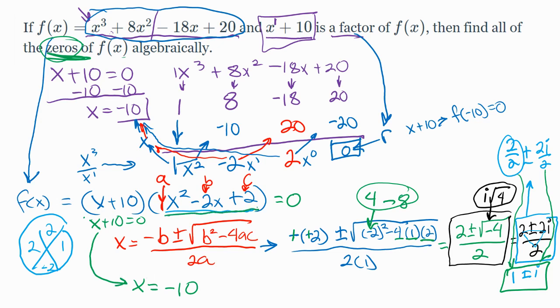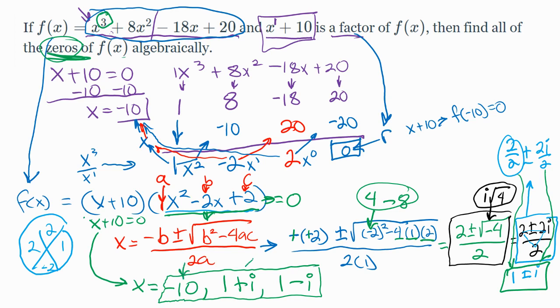And then this quadratic, when it was set equal to 0, I had to use the quadratic formula, and that produced my other two answers, which are 1 plus i, comma, 1 minus i. There are three solutions, which there are supposed to be because I had a cubic function. When I say three solutions, they're three complex solutions. I have one real solution and two complex solutions, two imaginary solutions, which satisfies the rational root theorem.